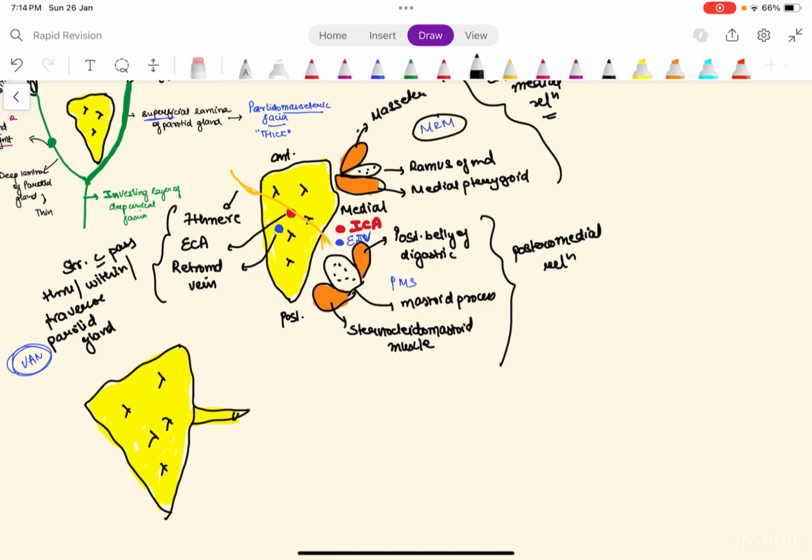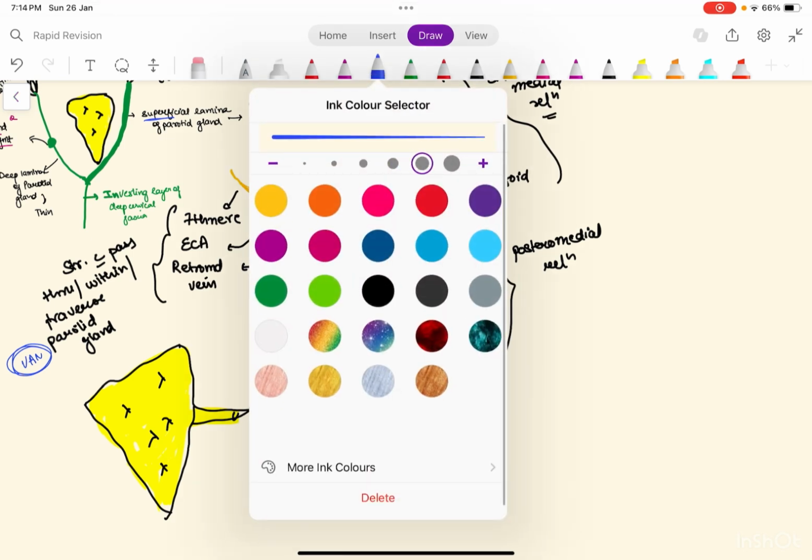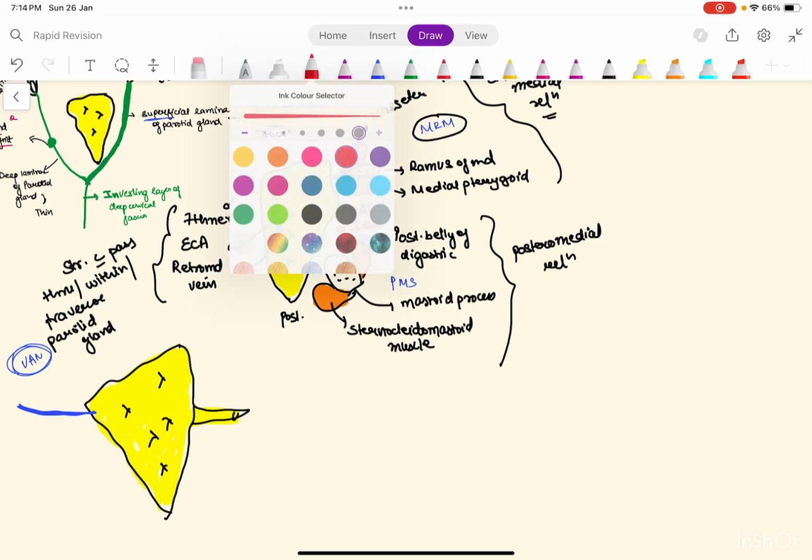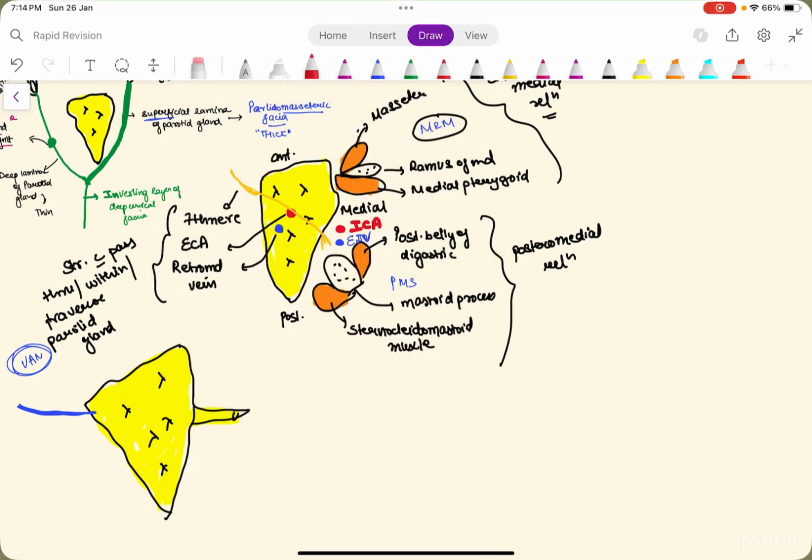So first of all, we will have vein, then we will have artery, and I will draw the nerve with yellow. So nerve. All right, like this you have the relation.